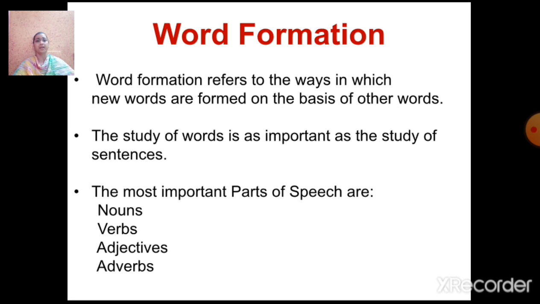Like pronouns are used instead of nouns, like he, she, it, they, and so on. Then, prepositions are used to show the relationship between 2 words, like in, on, upon, above, and so on.